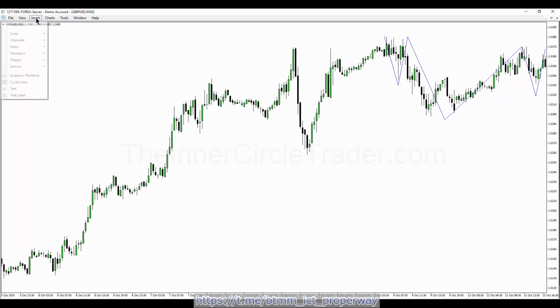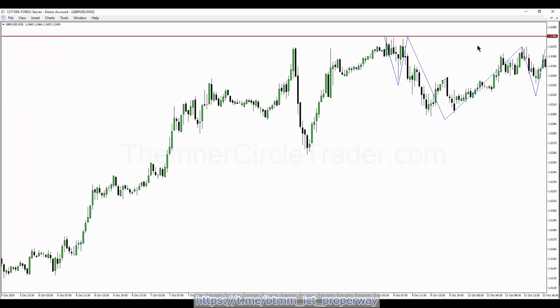You draw your neckline on the chart. Okay, that's the high up here. And we're going to draw what would be considered the inverted head and shoulders neckline, connecting these two levels here. And the difference would be from the low up to this neckline.